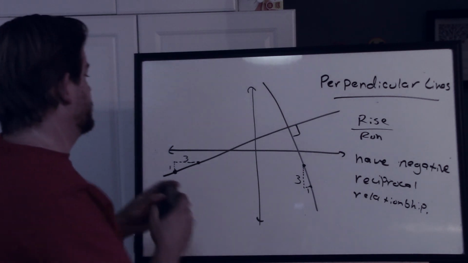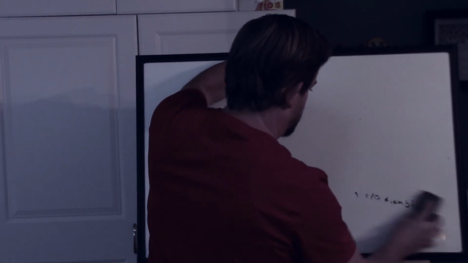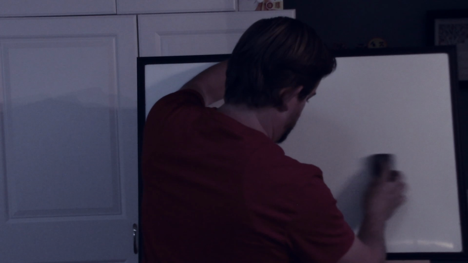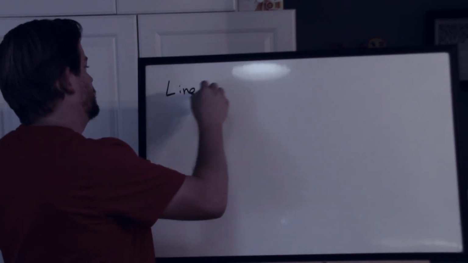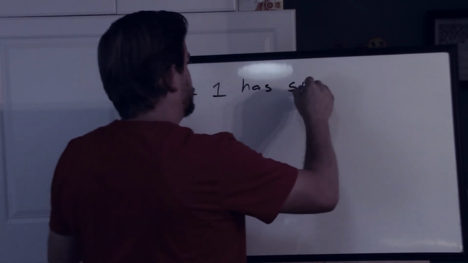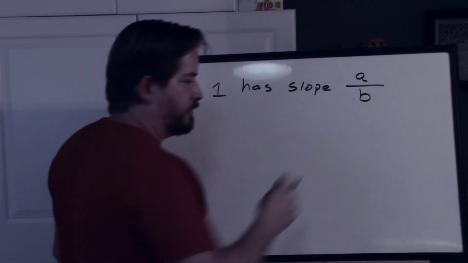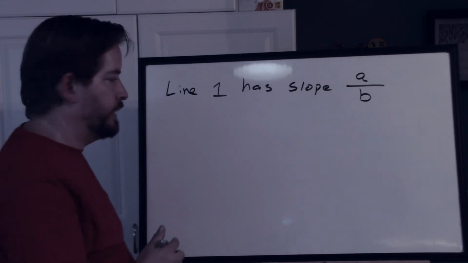Let's take a look at this here. Suppose line 1 has a slope of a over b, whatever that fraction may be, a over b, right?